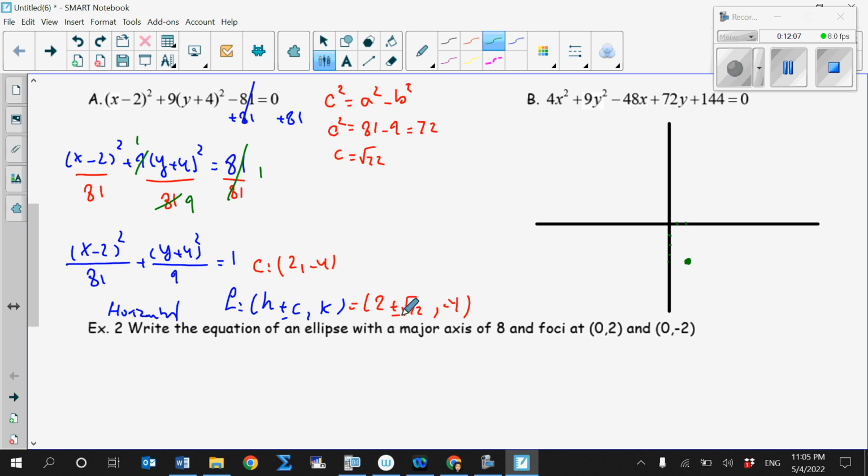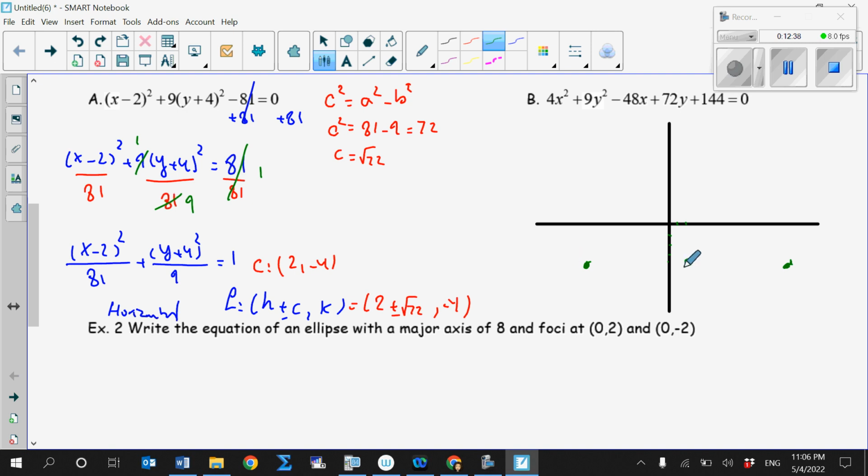So square root of 72 is 8.5. That means from this x, which is 2, I need to go 8.5 to the right. Let's say, for example, 8.5 is here and 8.5 to the left. Of course, my graph is not going to be very accurate, but this is just an estimation. So we found the two focus points. We moved square root of 72 to the right, square root of 72 to the left.